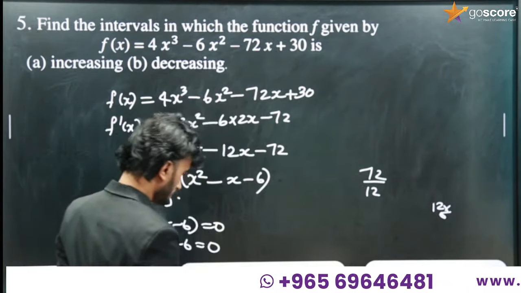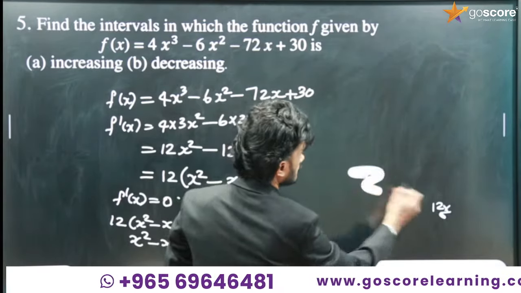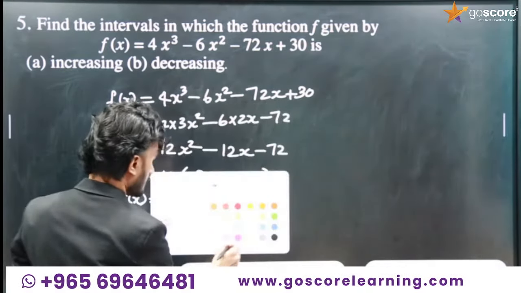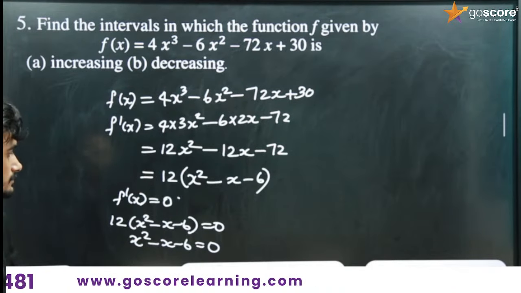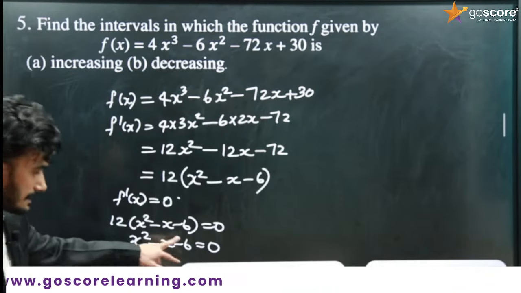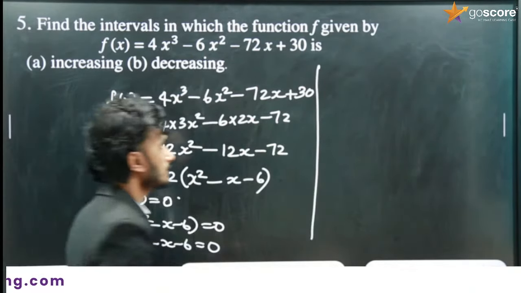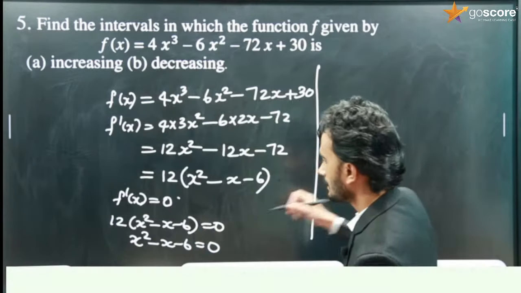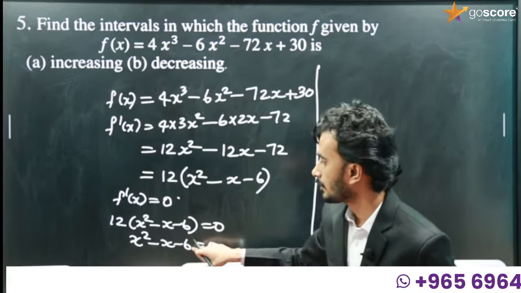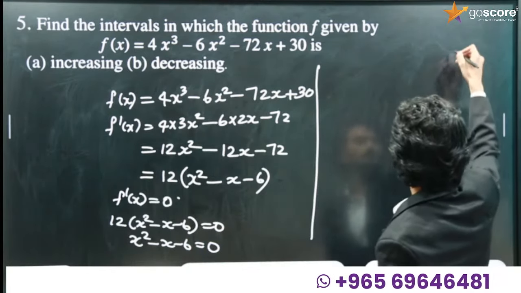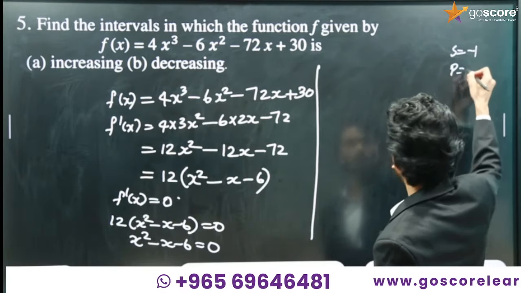So x square minus x minus 6 is equal to 0. How can we factorize this one? Here the product is minus 6 and the sum is minus 1.